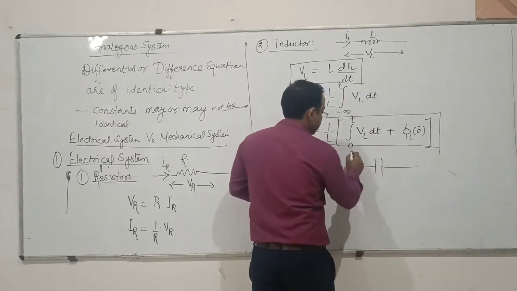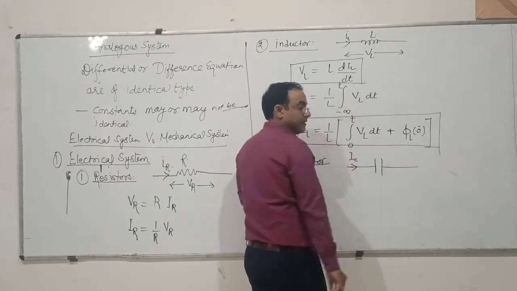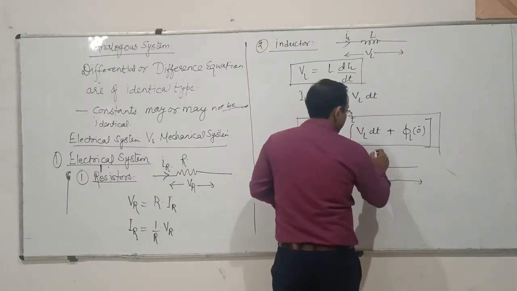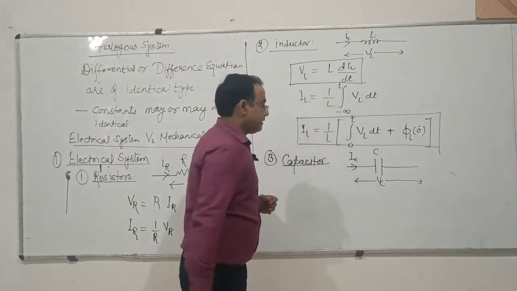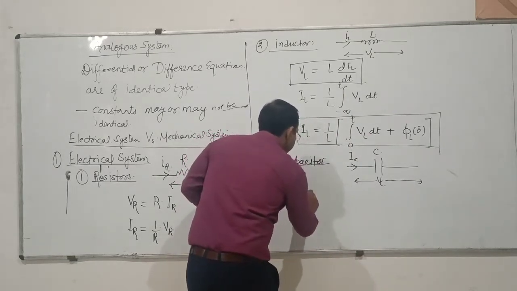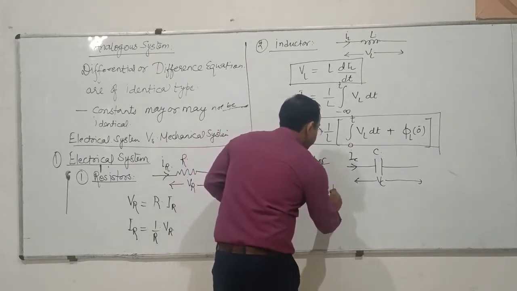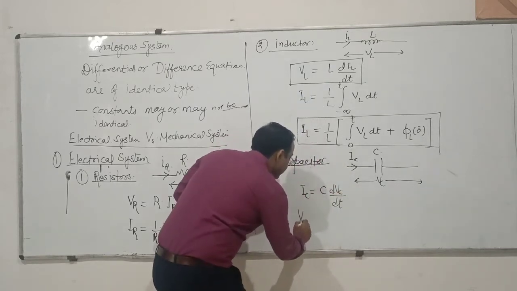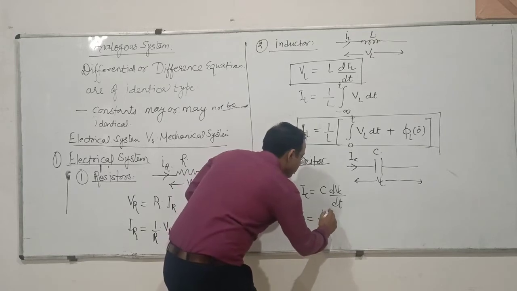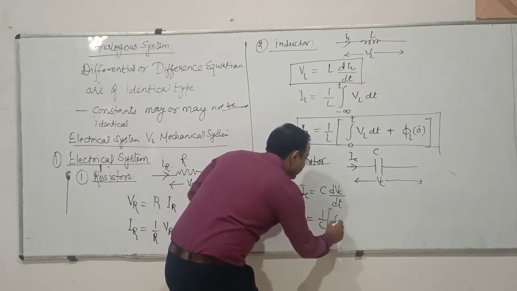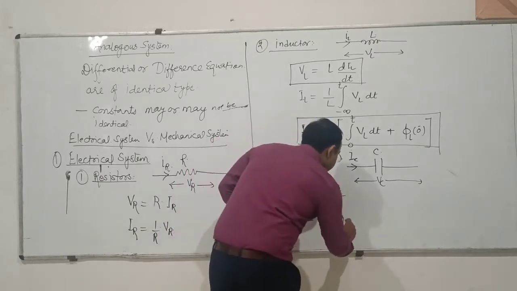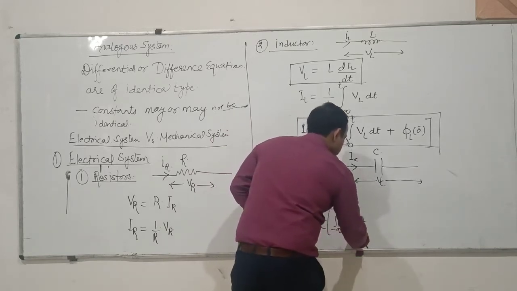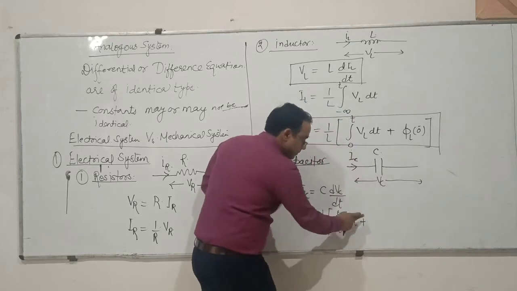If we take the current across the capacitor as IC and the voltage across it as VC, with capacitance C, then IC equals C dVC upon dt, whereas VC can be written as 1 upon C integral from minus infinity to t of IC dt.